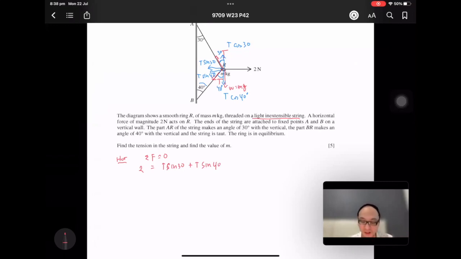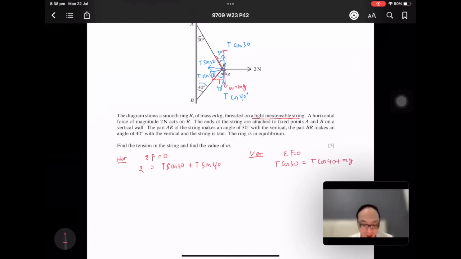That's for the horizontal component. And for the vertical component, the resultant force will be equal to 0 as well. The upward force T cos 30 equals the downward forces T cos 40 plus mg.